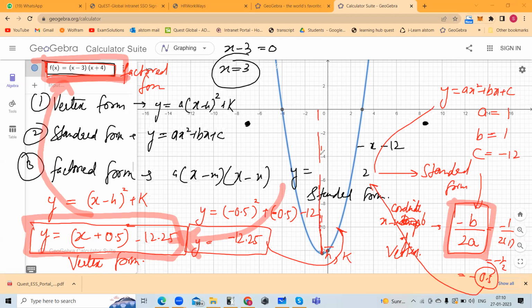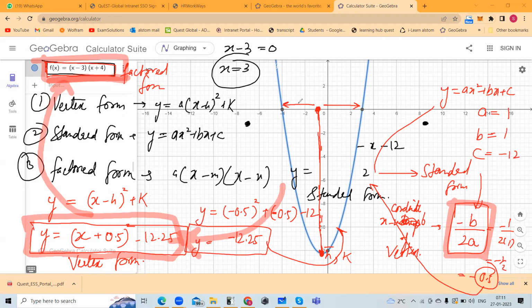I don't get what you mean. Since we are having the x coordinate of the vertex, and since this parabola is a symmetric parabola, if you are taking the middle point of the parabola, won't that be equidistant from this and this? Because the parabola is a symmetric thing.